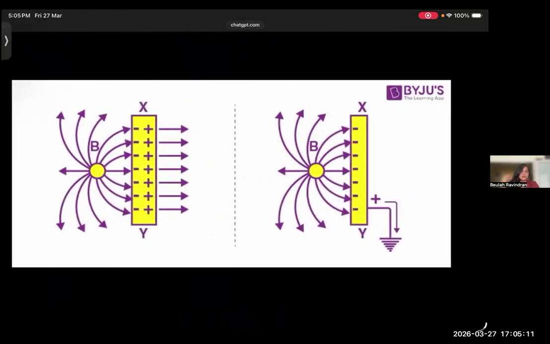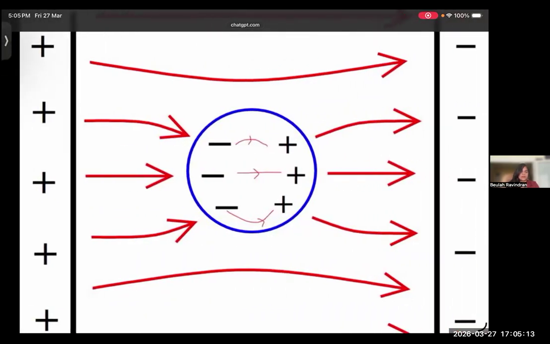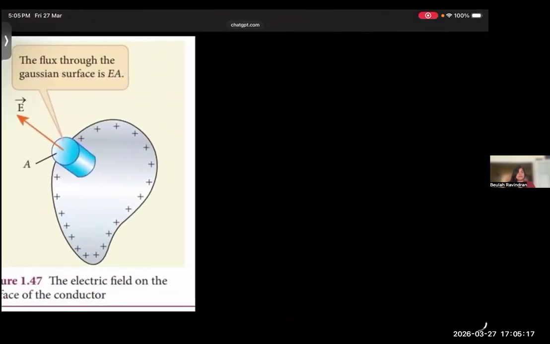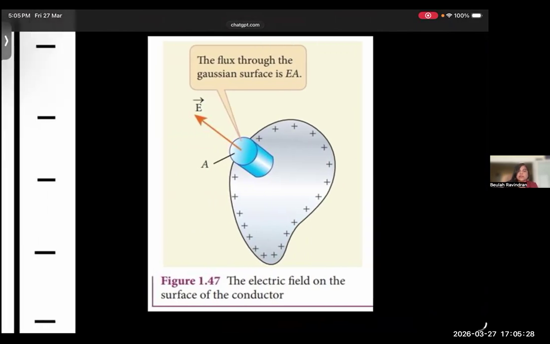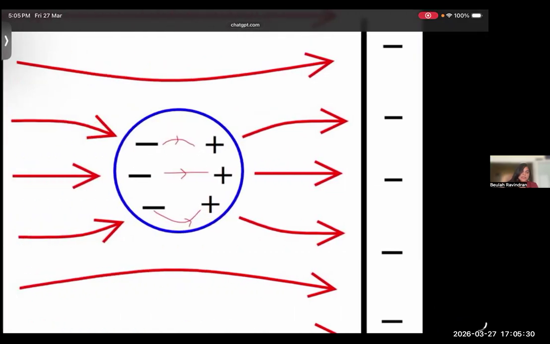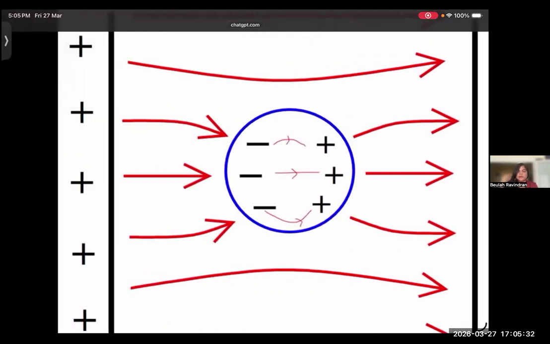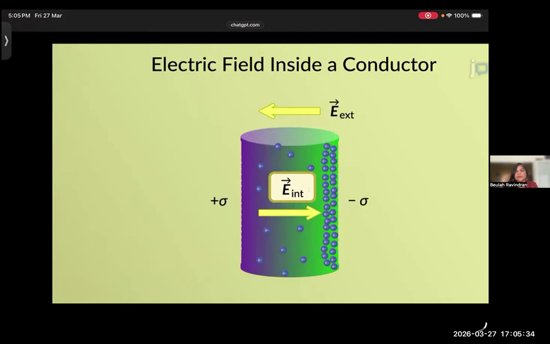So all of this talks about the structure, positive to negative. Everything you have already studied in the Gaussian surface. E dot A is the flux, right? If a field existed, electrons would move, and then it would not be equilibrium. If you add E internal and E external and the resultant is not equal to 0, definitely it is not in equilibrium.